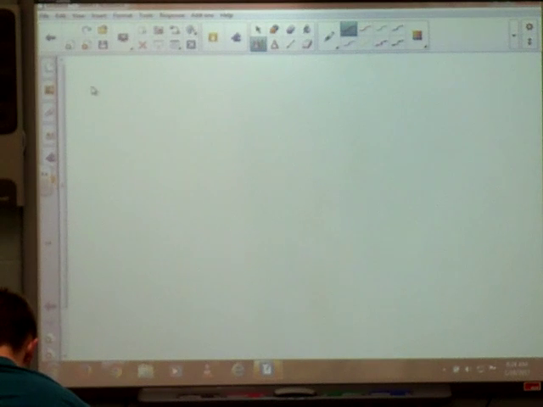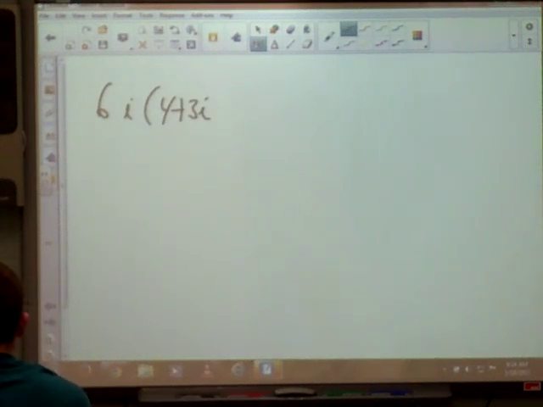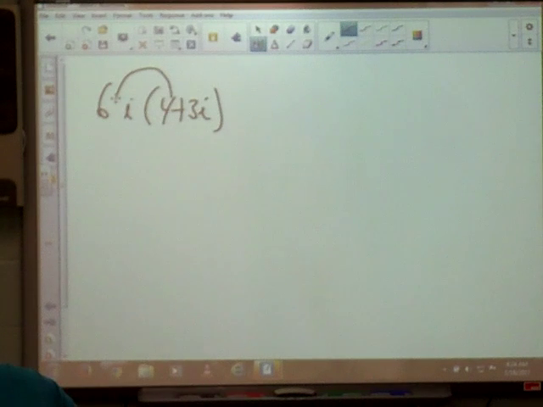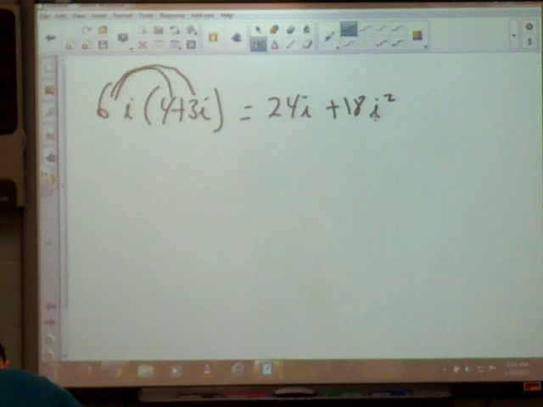Alright, so I start off with just a monomial: 6i times 4 plus 3i. So this one we've got just a monomial times a binomial. All we're doing here is distributing. So I got 6i times 4, 6 times 4 is 24, you stick your i there. And then I got 6i times 3i. 6 times 3 is 18, and i times i is i squared. Now you got to clean that up, because i squared is the same as -1.